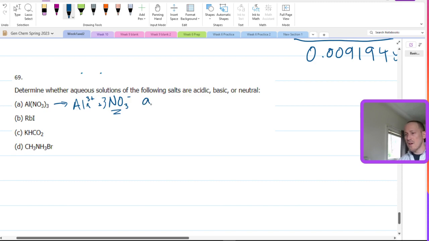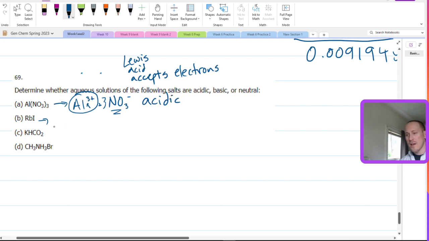So I'm going to call this acidic because the aluminum can act as a Lewis acid, which means the Lewis definition is just like the Bronsted, except we're talking about electrons. A Lewis acid accepts. So that Al3 plus, if something came by with electrons, there could totally be a bond that would form. And so the solution will be kind of acidic.